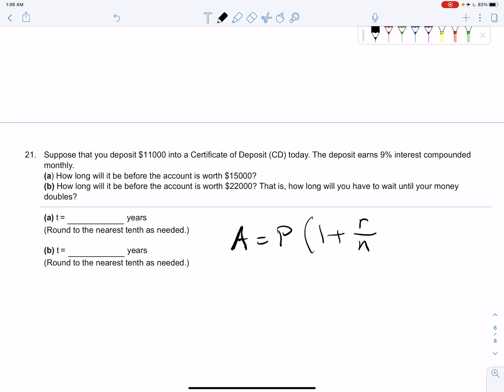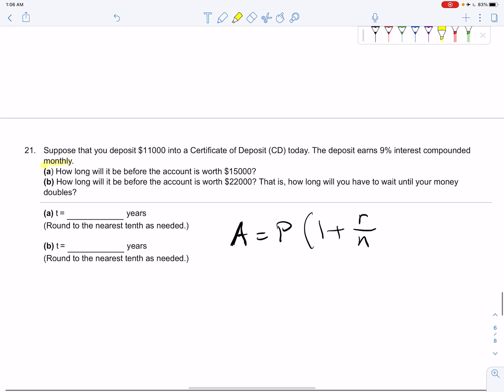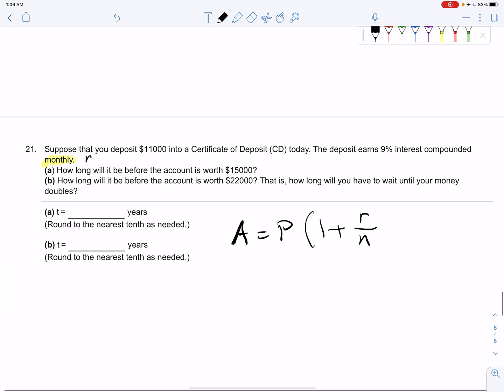That's how many times it compounds in a year. So if they said it compounds quarterly, that's 4 times, so n would be 4. In this case it says compound monthly, so n equals 12 times a year. And then we raise this to n times t, time.